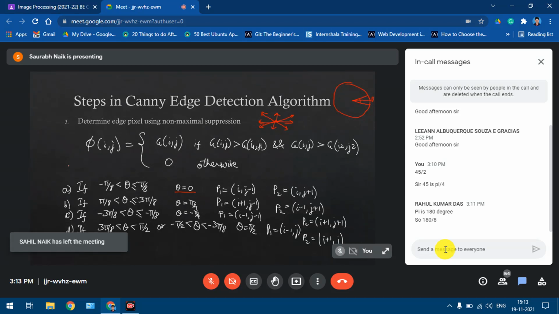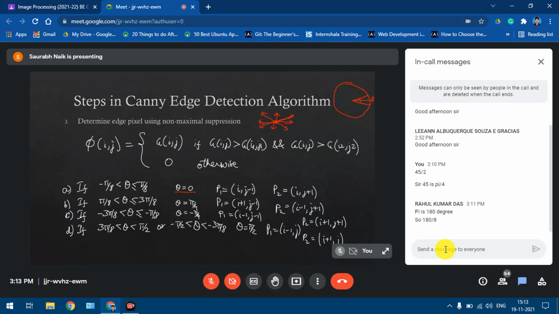So 22 till 67 degrees. So 23 to 67 degrees. Then it is pi by 4. That is, we set it as 45 degrees. And then we set that it is actually going in this direction. That is the top right direction.